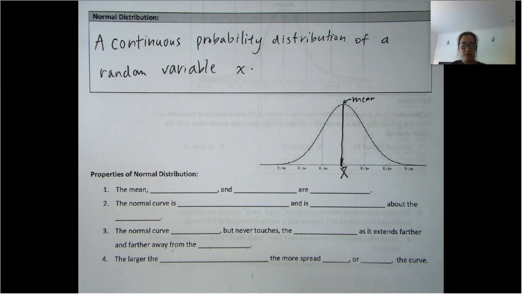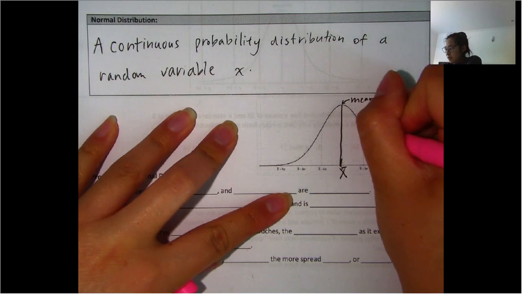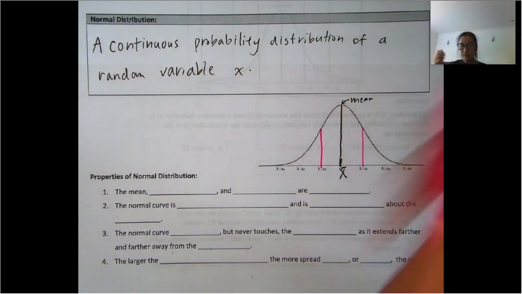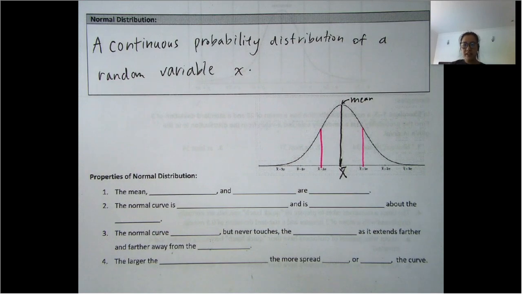As we said before, a standard deviation is a number that tells you how spread out a set of data is. It's the same thing here. So this is one standard deviation away. And so when you have a normally distributed set of data, your standard deviations are going to happen at certain percentages, and that's what we're going to be talking about today.